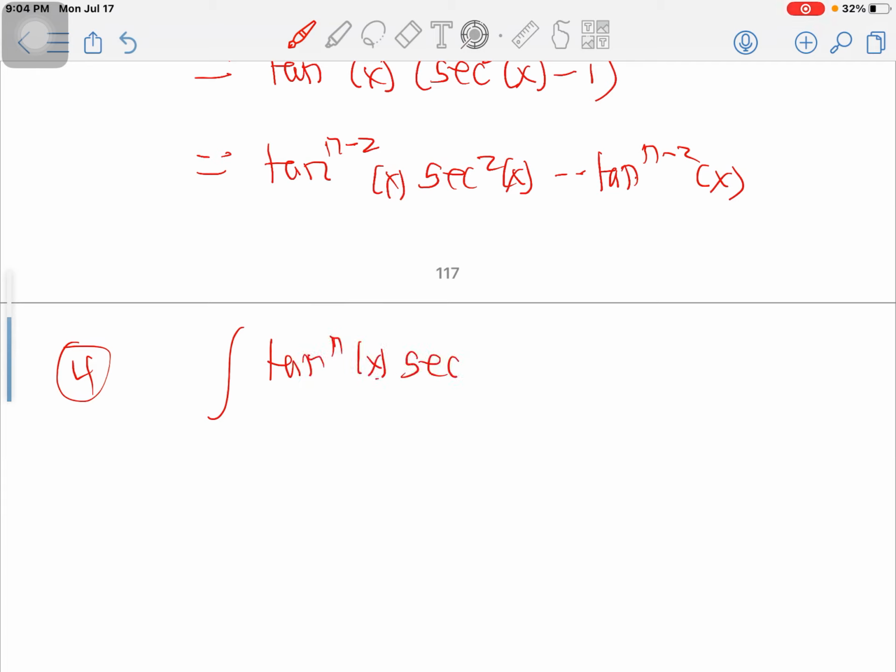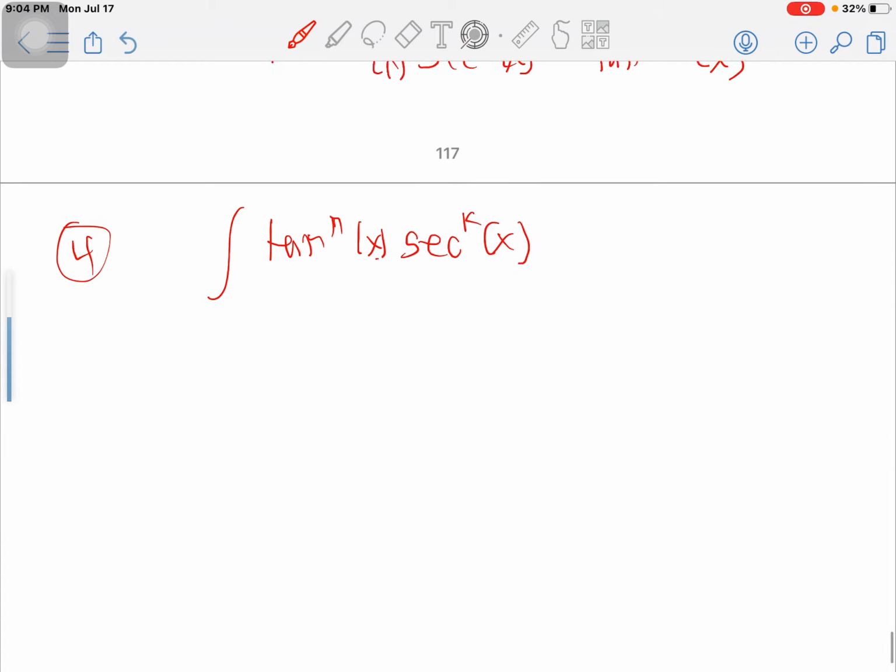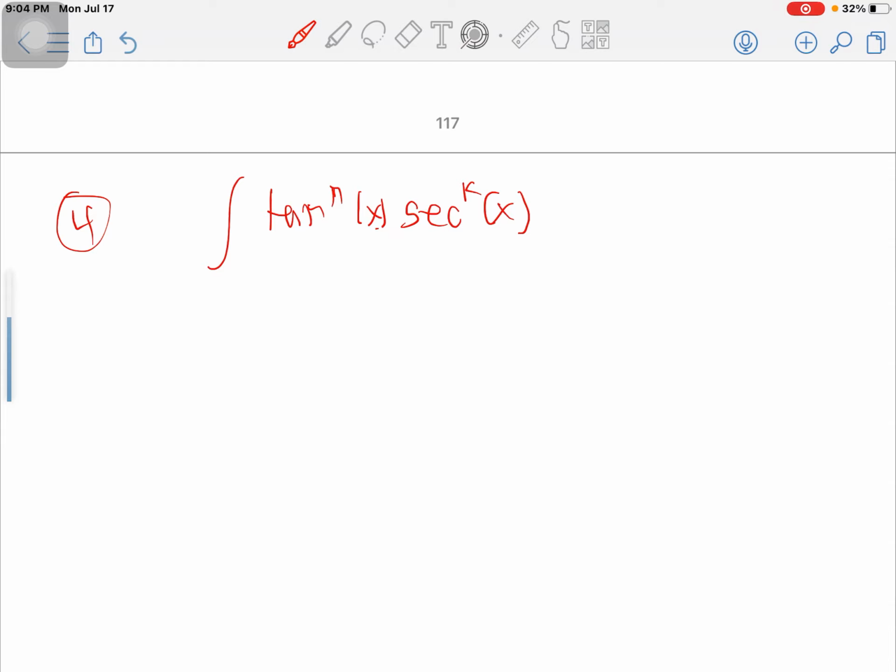This is strategy 4. As usual, the tan to the power n of x, and then sec to the power k of x.